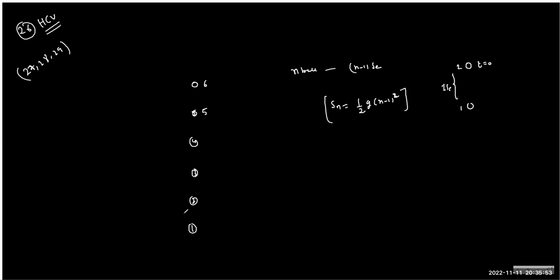So how far is the first? Count the seconds: 1, 2, 3, 4, 5. So you can say it's the other way of writing. I should have written the other way around. So the first ball is 5 seconds away, so you can find the position of the first ball as half g (5) squared. Okay, this is the first ball.